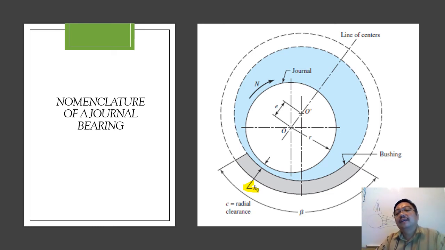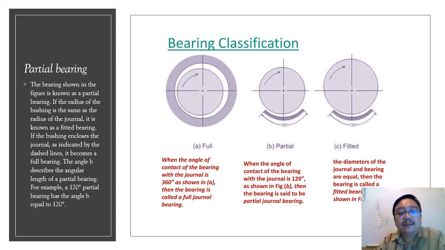Okay, bearing classification. This is a partial bearing. This is the full bearing. There is a fitted bearing. What is the difference? The bearing shown in the figure in the previous slide is known as a partial bearing.